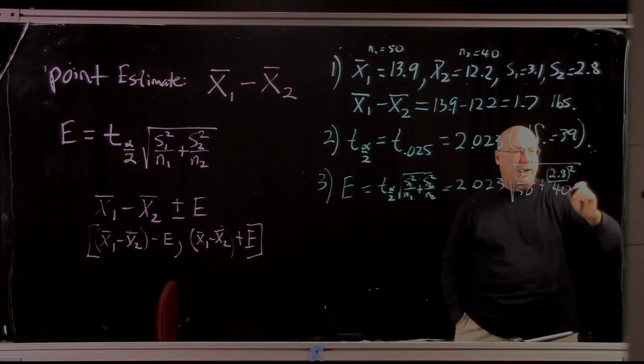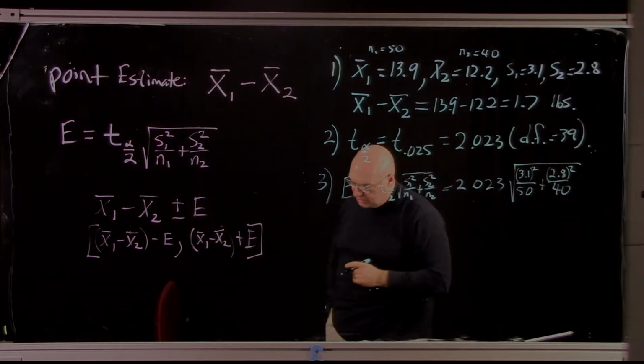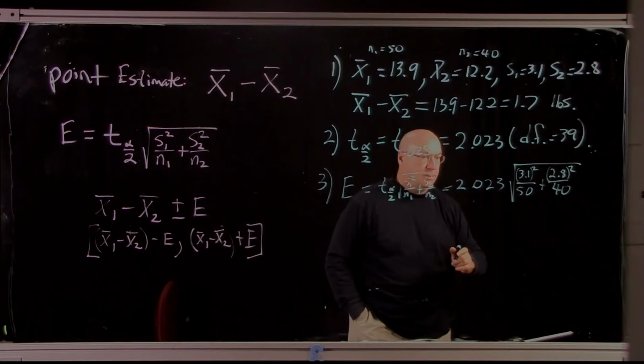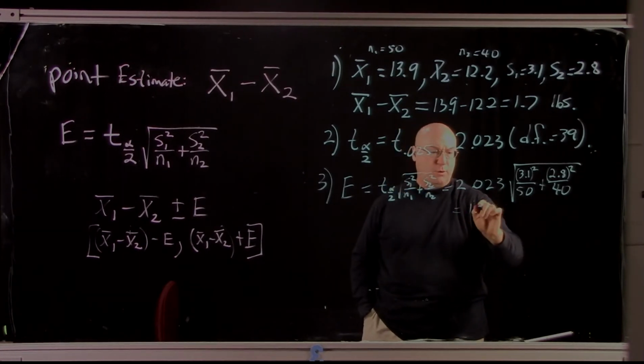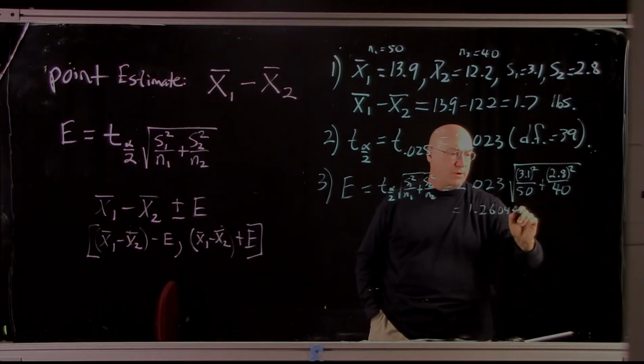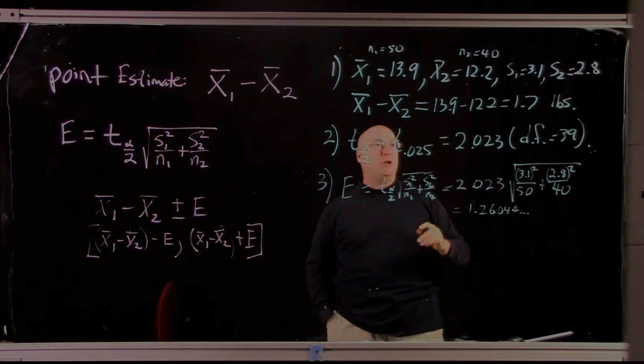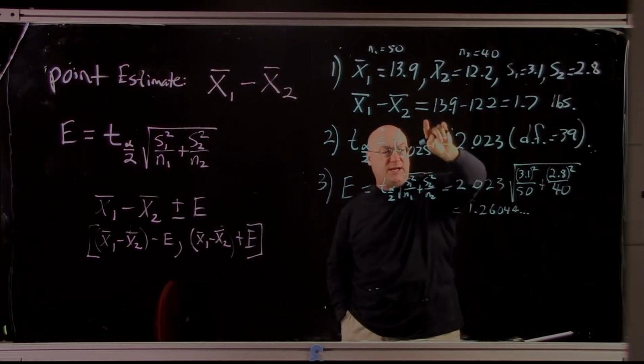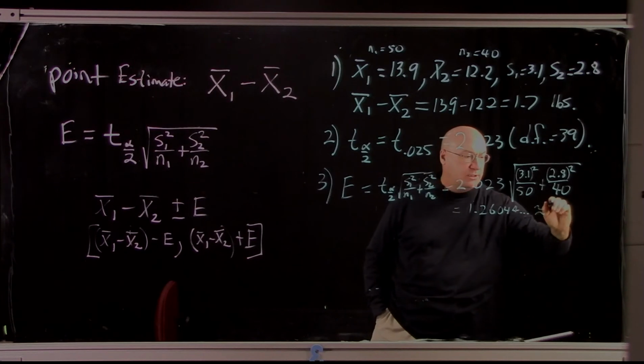And you work that all out, and what do you get? You get 1.26044, et cetera. Since we've computed our statistics so far out to the nearest tenth, we'll do the same thing here. So that's 1.3.